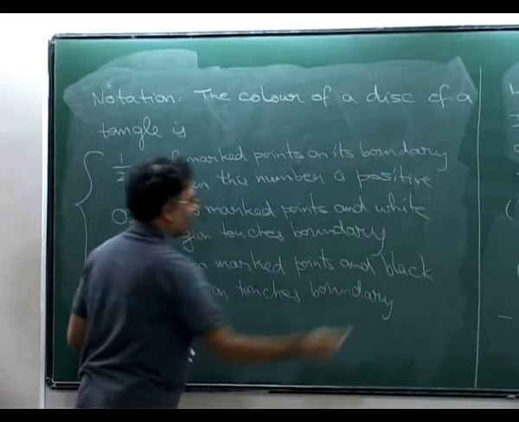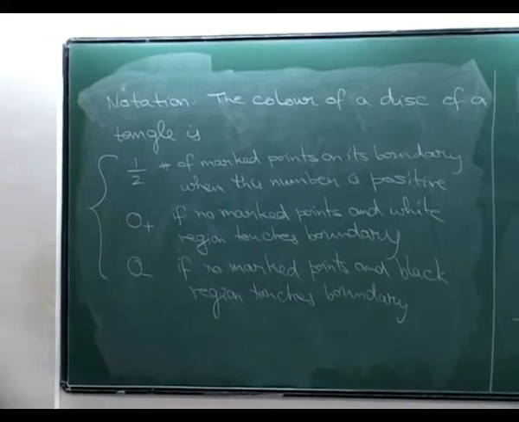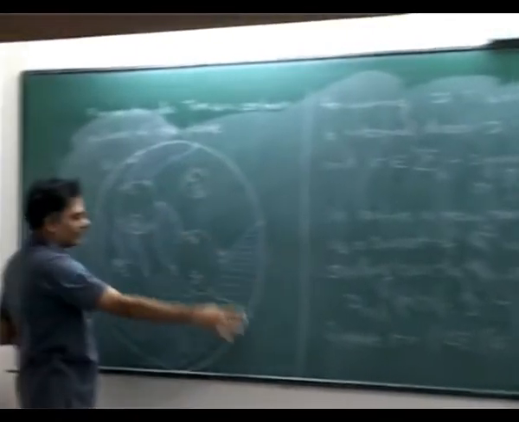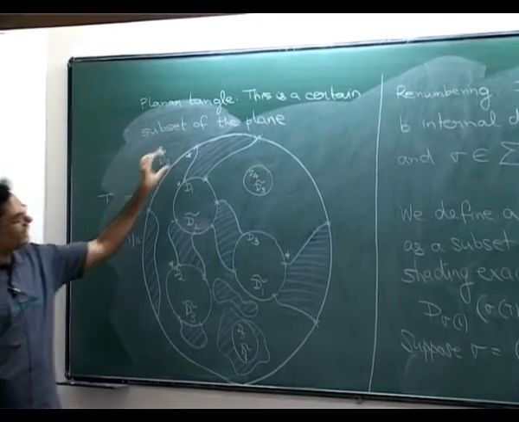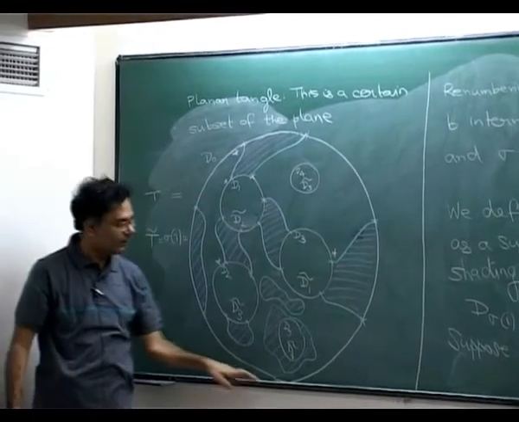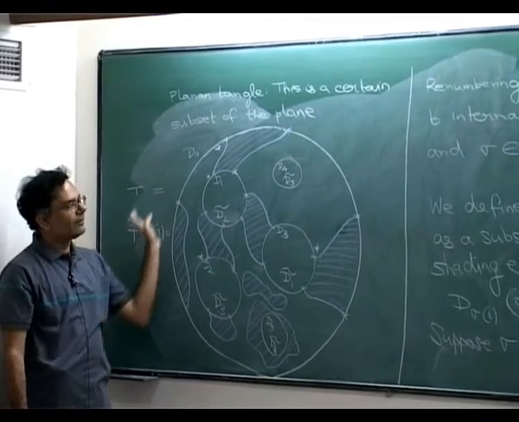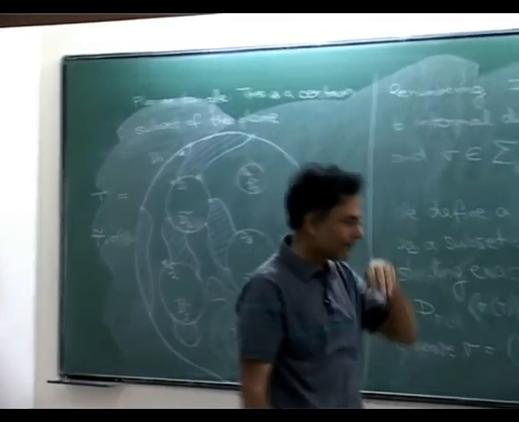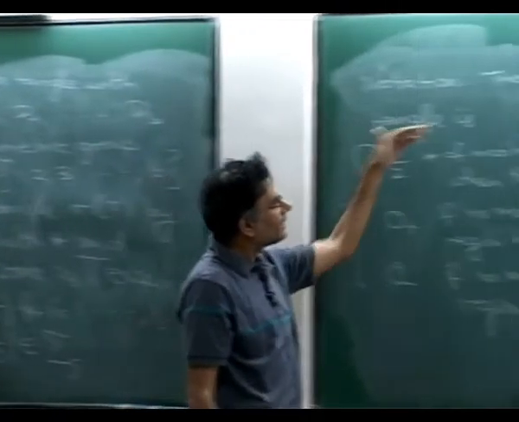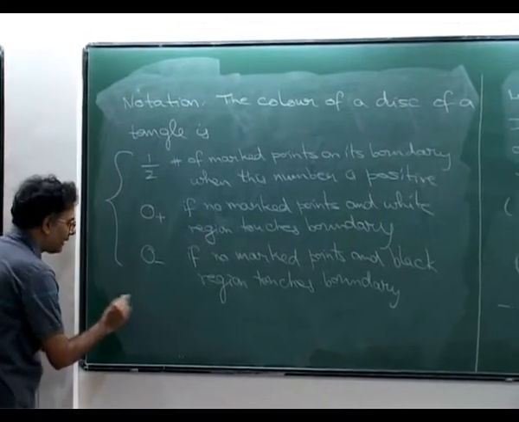Now I have said touches the boundary rather than lies in a white region or black region in order to account for the fact that the external disk also could be of color 0. If the white region touches the boundary of the external disk which has no mark points, then we will say the external disk is of color 0 plus. If a black region touches it, then we will say the external disk is of color 0 minus. So every disk of every tangle has a color. What are the possibilities for the color?